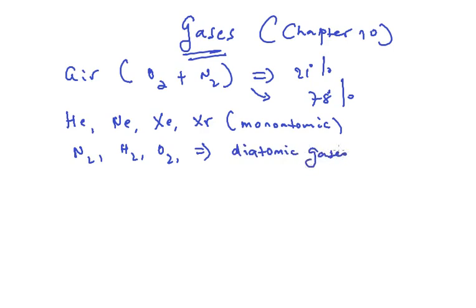There are also molecules considered as gases. Hydrogen cyanide is very toxic, but it's a gas. Or you can have hydrogen sulfide. It's also a gas. It's toxic and also has a rotten egg smell.